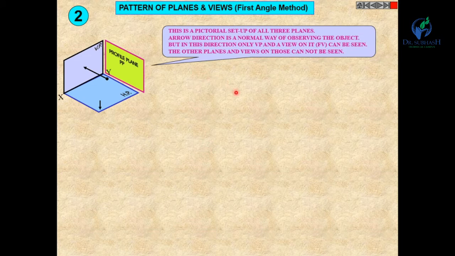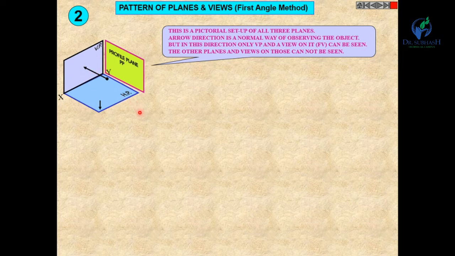Now, this is the pictorial setup of all three planes. As we discussed earlier, the arrow direction is the normal way of observing the object, but in this direction only the VP and the view on it, that is the front view, can be seen. The other planes and the views on them cannot be seen.